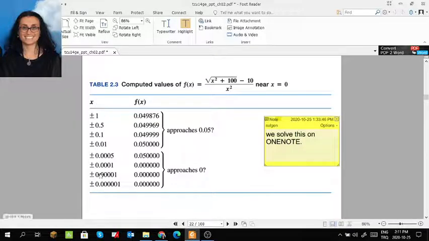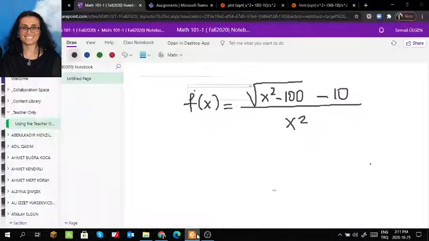You can build a table like that, choosing points close to 0, like 0.5, 1, 0.1, 0.001, and you get these numbers, which approach 0.01 and 0.05. But if you take smaller values close to 0, maybe it's approaching 0, but which one is correct?